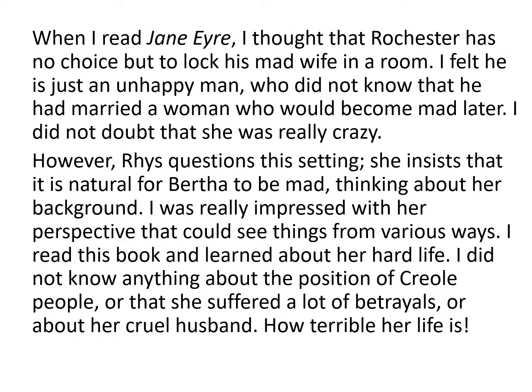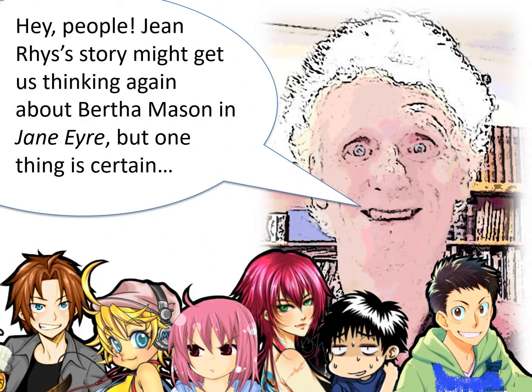It's not as clear-cut as they're trying to see it. It's more complicated than that. So on this occasion, I opened it up by saying, look, whatever we may or may not know about Bertha Mason in Jane Eyre, there's one thing that we can be sure of.